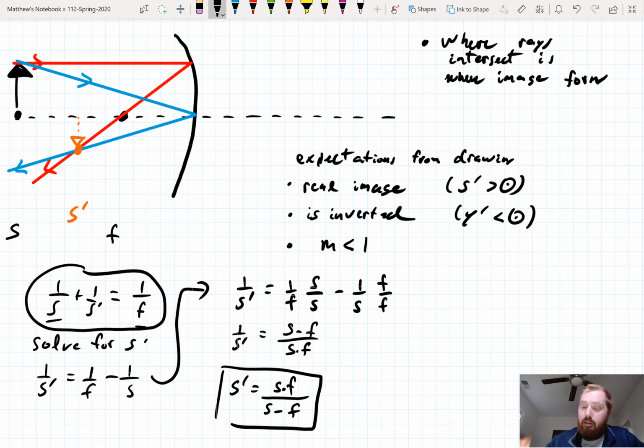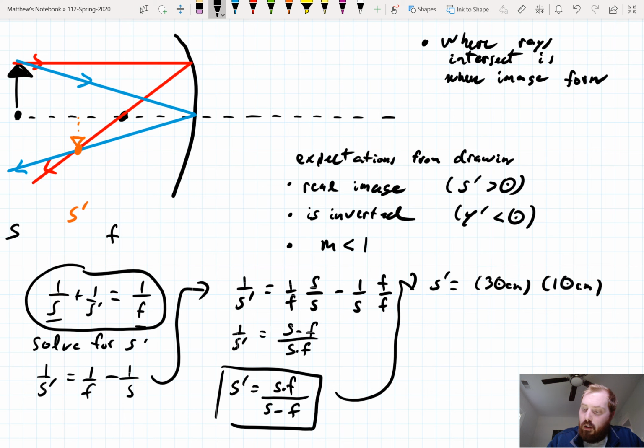Let's plug in our values. S prime is equal to, let's see here, 30 centimeters times 10 centimeters, everything's positive, over 30 centimeters minus 10 centimeters.